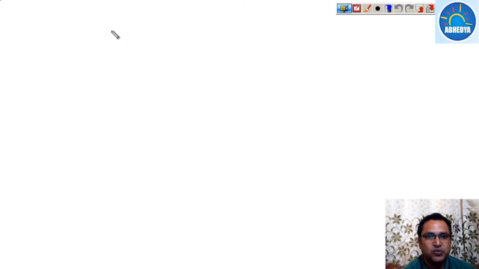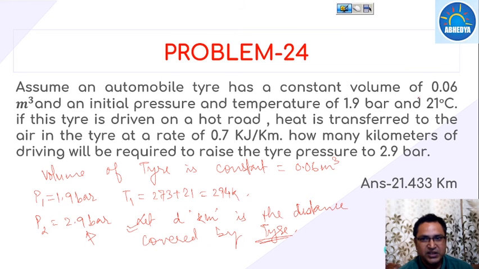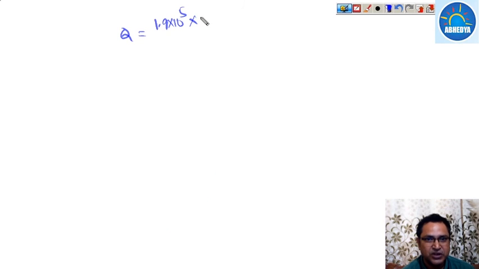So Q comes to be m into CV into delta T. For the mass, P1 is 1.9 into 10 raised to the power 5. What was the initial volume V1? It is given as 0.06 meter cube, divided by R.